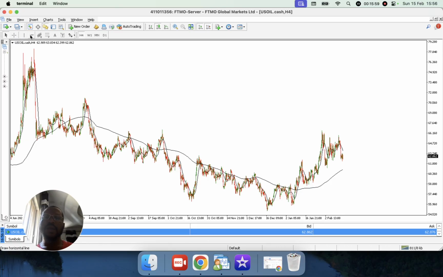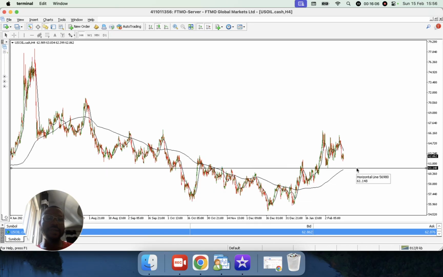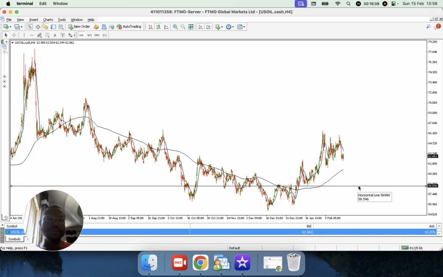So the analysis for the US oil, it failed, and actually it failed because the area where we were expecting to buy from, the market did not actually buy from that area. You can see that the market is still coming down.